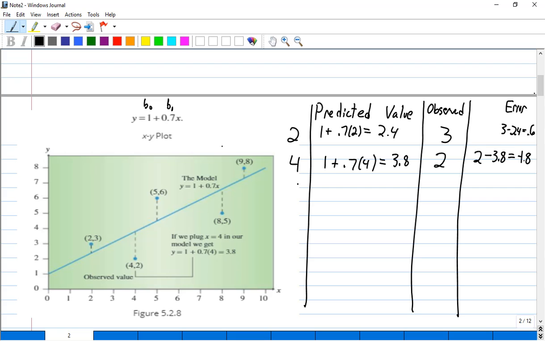If you look at your PowerPoint in the bottom right, that's what they're doing. That's what that table is. They do that for every value.